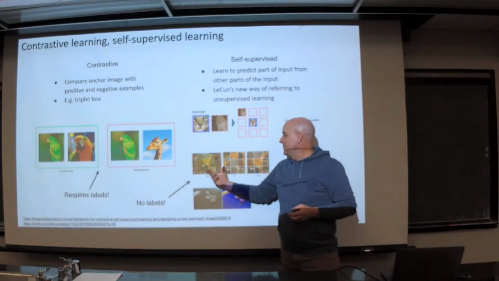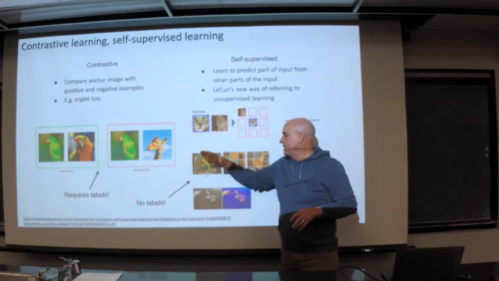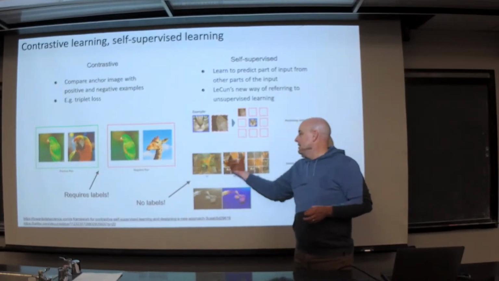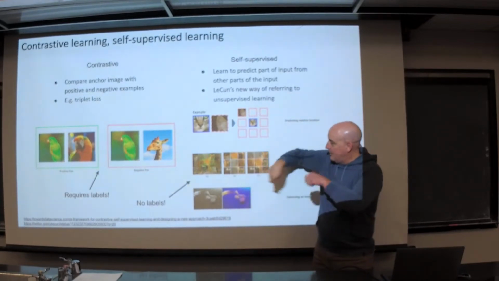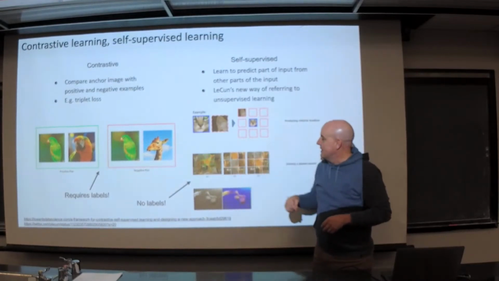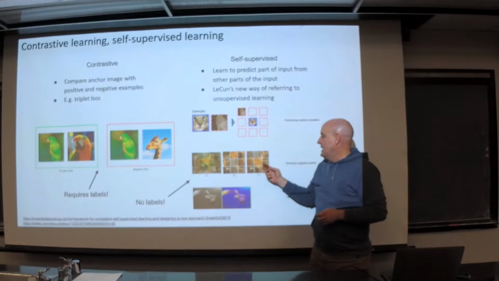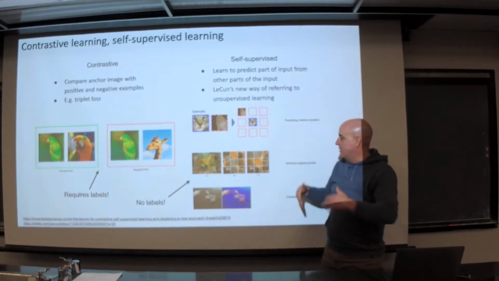To the extreme, you might take an image, cut it up, give it a permuted arrangement of those patches, and then ask the network to give you the correct permutation and put it back in the right order.